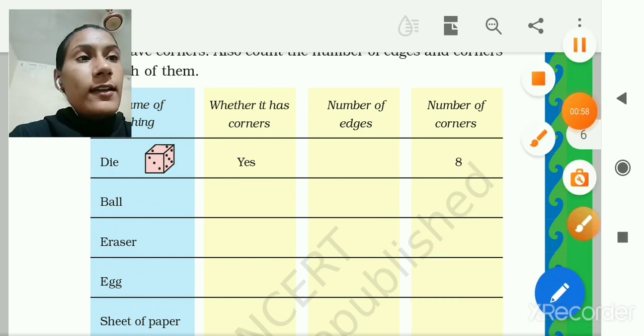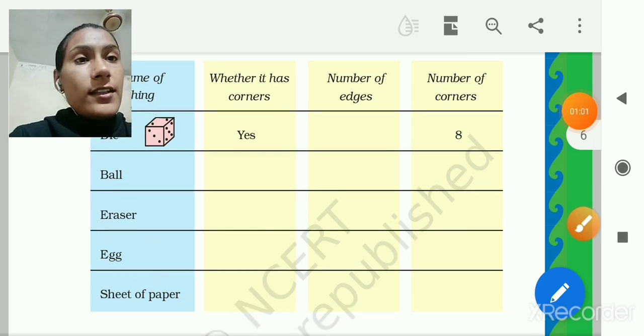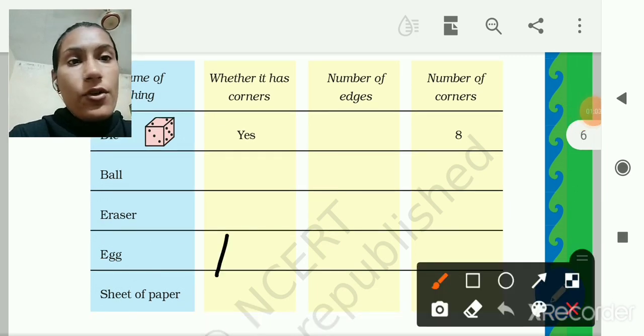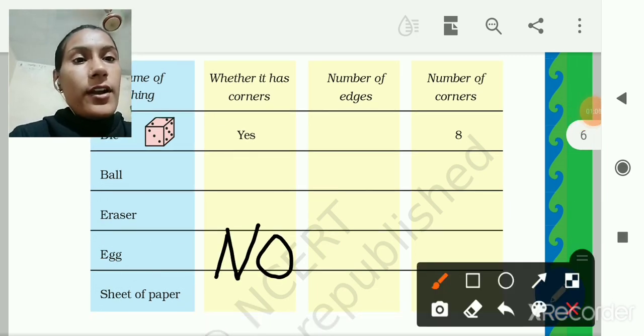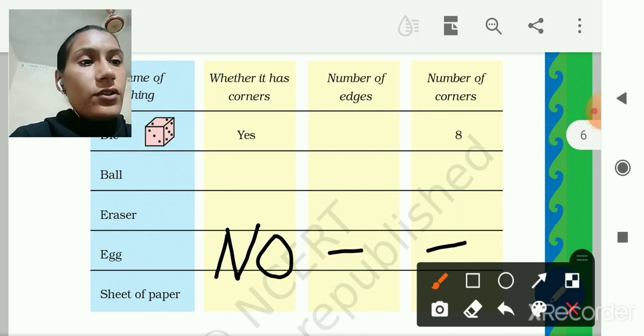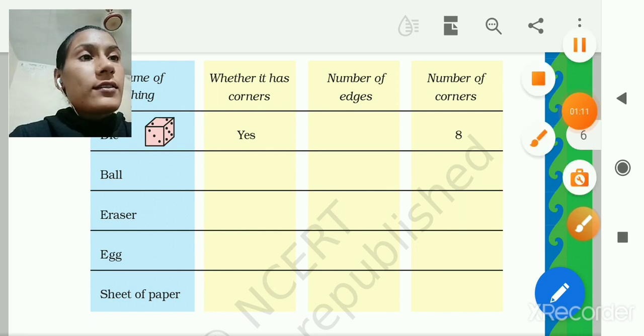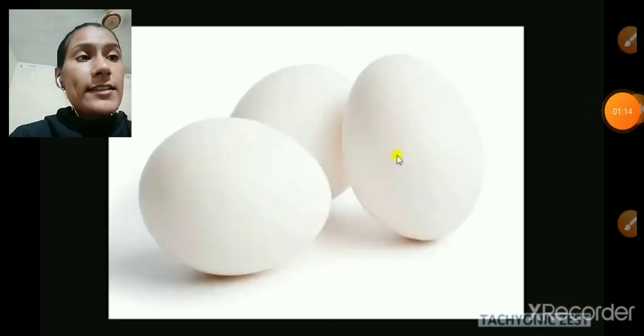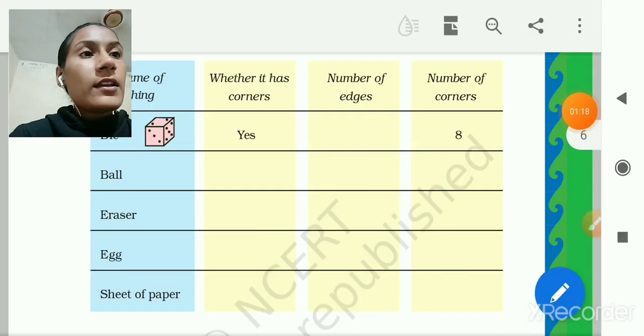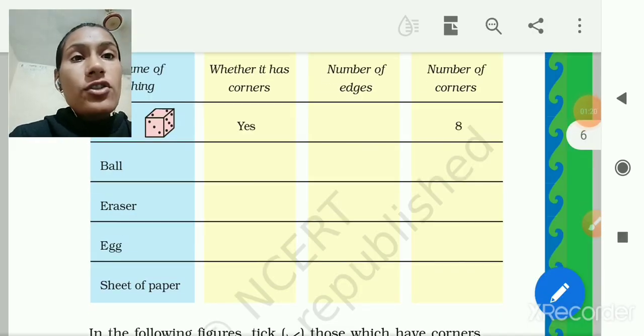Then egg. Whether it has corners, yes or no? No, it has no corners. The number of edges dash, number of corners also no, because it has curved edges. So no corners.